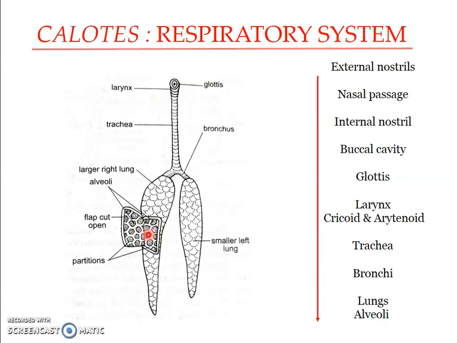So when the air enters the alveoli, the oxygen inside the alveoli moves through the wall of the alveoli, through the wall of the blood capillaries and enters the blood. While the carbon dioxide in the blood moves through the wall of the blood capillaries, through the wall of the alveolus and reaches the air. So in this way, the gaseous exchange takes place.